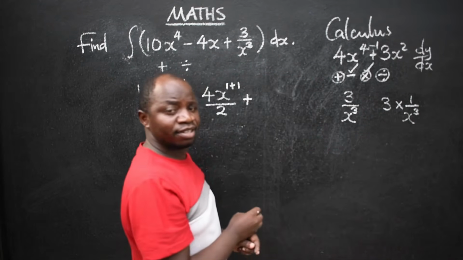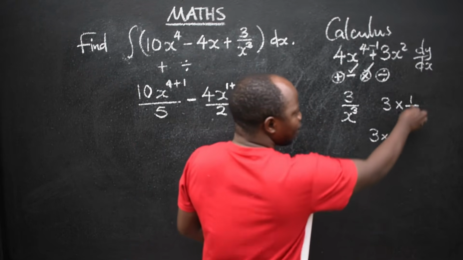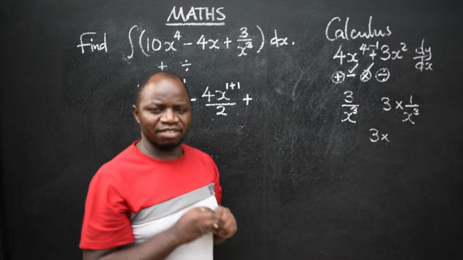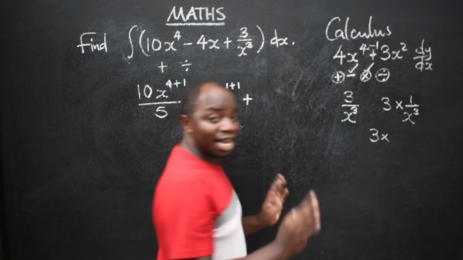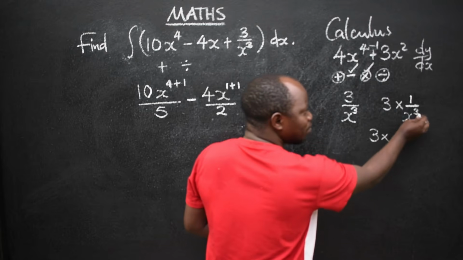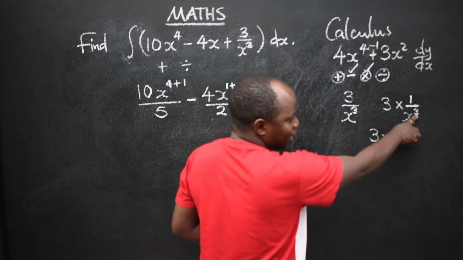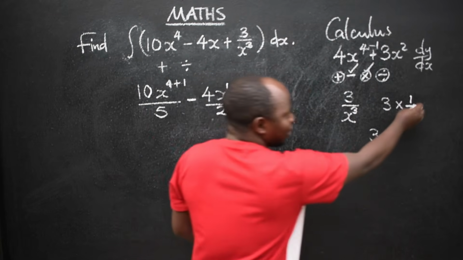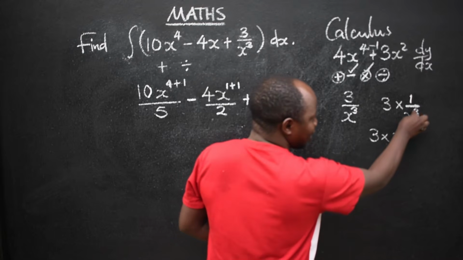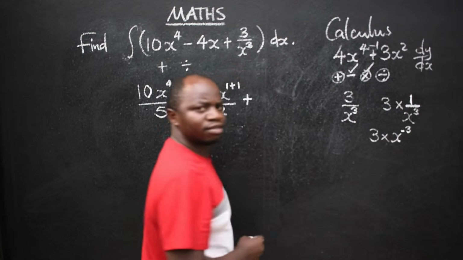Then this 3 times 1 over. According to indices, 1 over means negative, or minus. So this 1 over you're seeing is minus. It means that minus will be added to the power you're seeing here. Are we together? So now this 1 over will change and I'll have x, and this 3 will be negative 3 because of this 1 over.